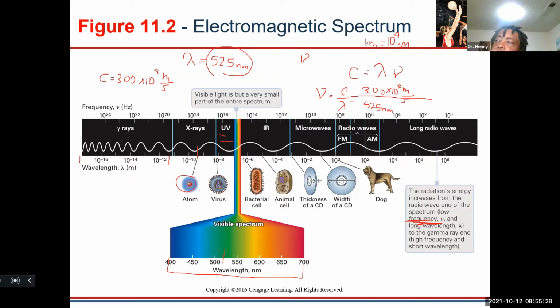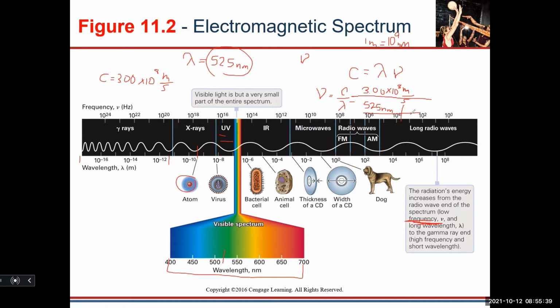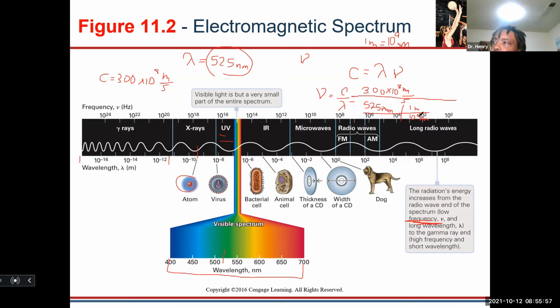Okay, so I'm going to have to use my conversion. 1 meter equals 10 to the 9th nanometers. Okay, so then nanometers are going to cancel out. So let me simplify this.